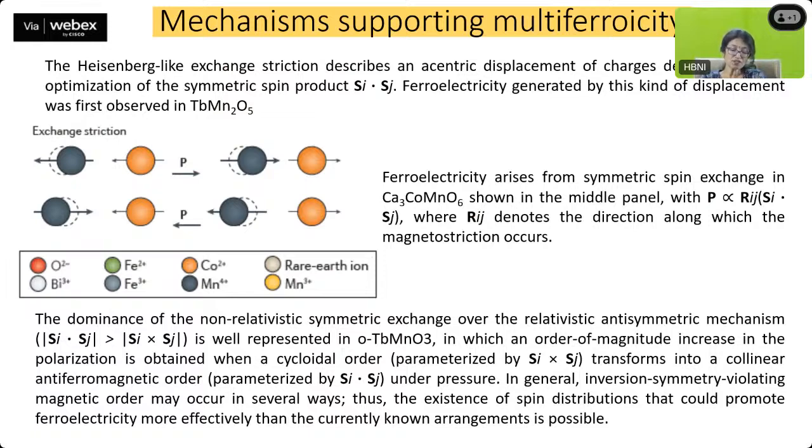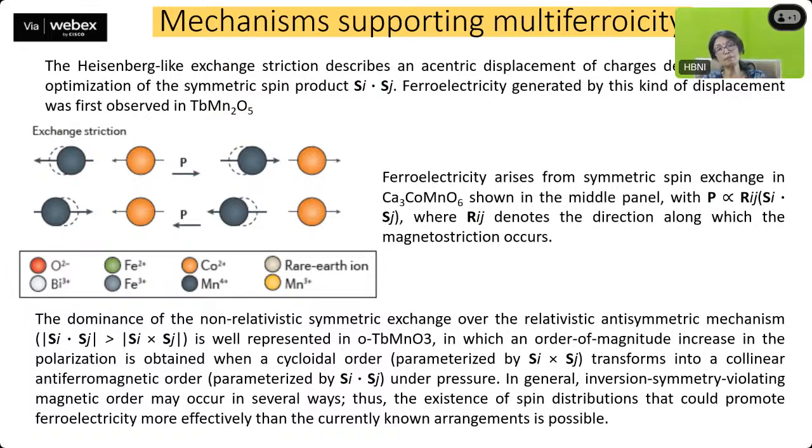Inherently larger polarization values arise in collinear magnets with non-relativistic Heisenberg-like exchange striction, which is proportional to Si dot Sj, such as in YMn2O5, orthorhombic HoMnO3, or the spinel-like CdV2O4. Up to now, however, ferroelectricity due to this collinear magnetism has only been observed at low temperatures.